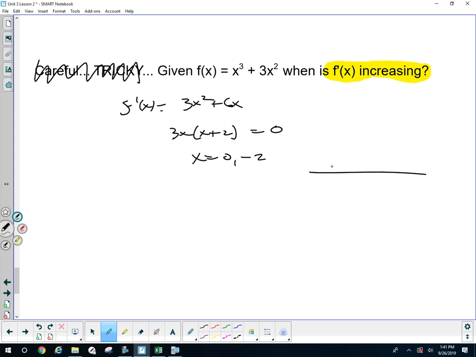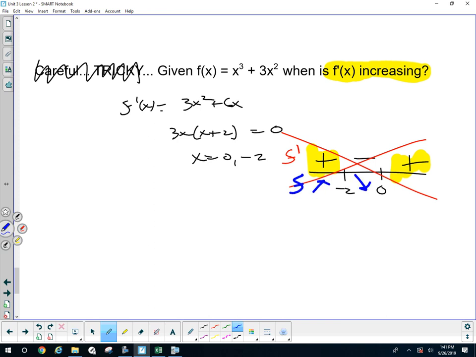You do your sign analysis, negative 2, 0, positives, negatives, positives. You're saying, okay, we got positives right there, but you'd be wrong. Nope. Because these are the signs of f prime, which tell us if f is going up or going down. Oh, light bulbs? Okay, answer this question now.